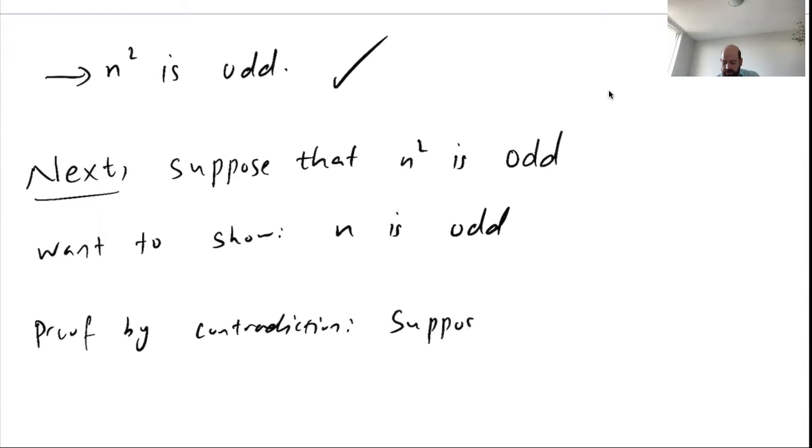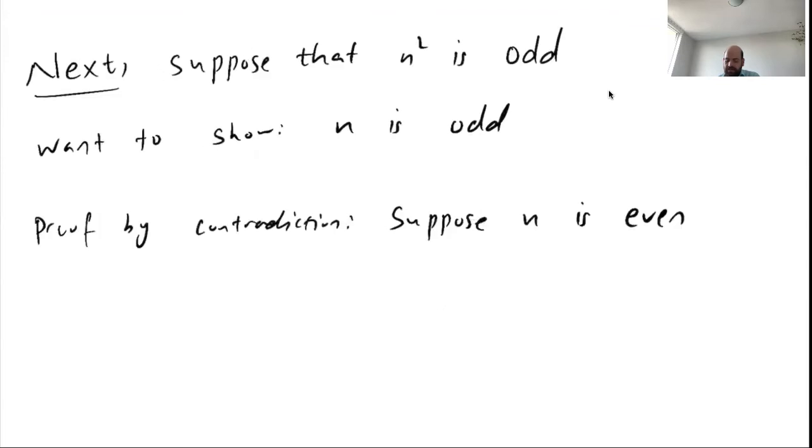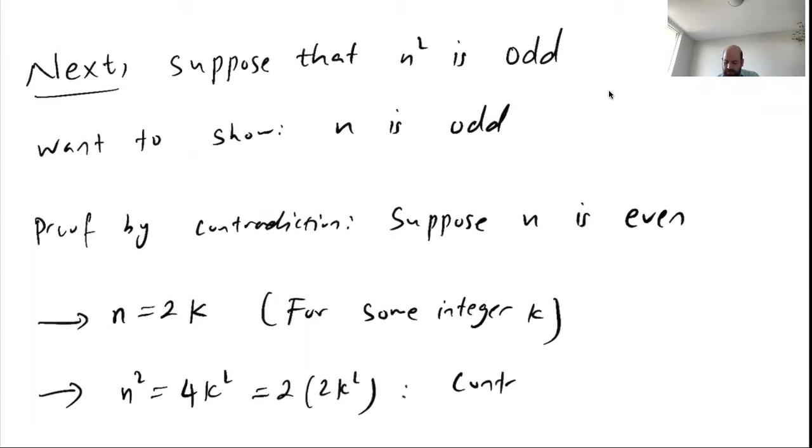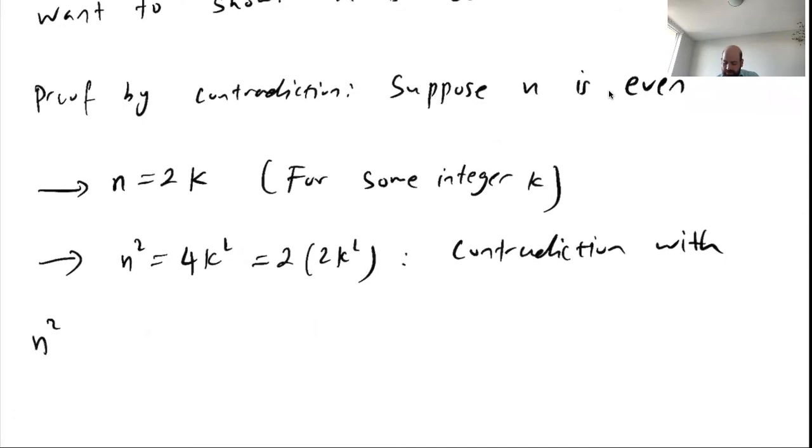Suppose n is even. If n is not odd, then it has to be even. Then n is equal to 2k for some integer k. And therefore n squared is equal to 4k squared, which is 2 times 2k squared. And this is a contradiction with n squared being odd.